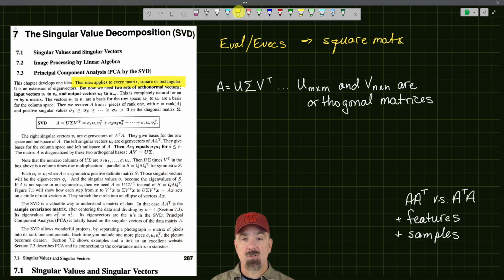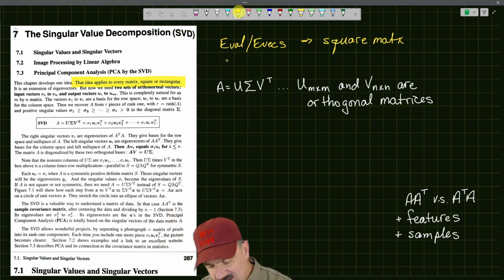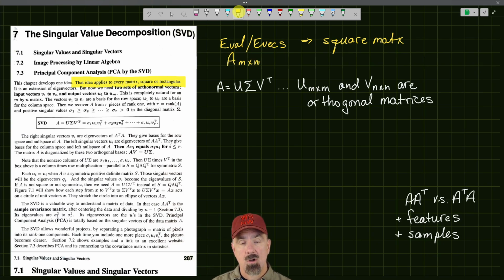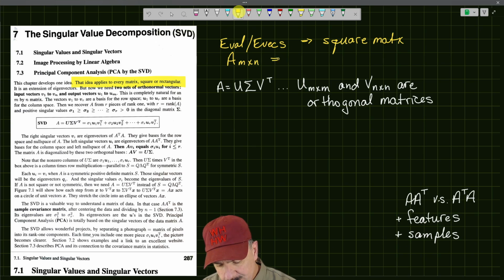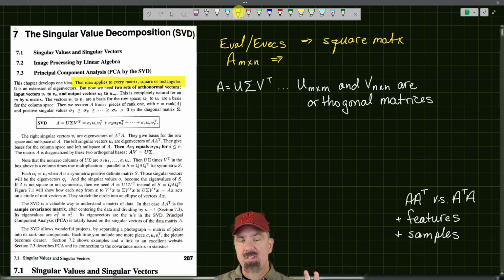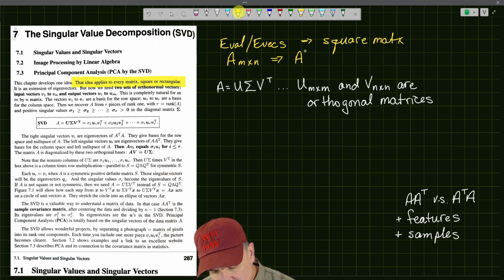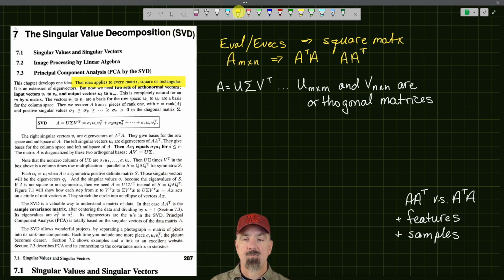which is symmetric matrices. We know that if we have any matrix which is rectangular, we can build, and this is where we're headed with this entire chapter of material, two symmetric matrices, A transpose A and A A transpose. Those two matrices have all the advantages of being symmetric.